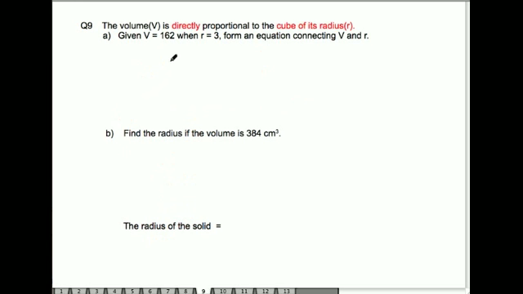In question 9, we have a direct proportion. We are given that V is directly proportional to the cube of its radius. The word directly tells us that V must equal a constant times the cube of its radius, which is r cubed. Note that k is a constant.